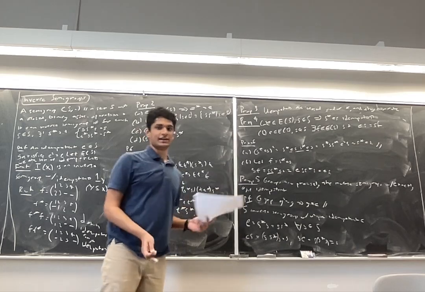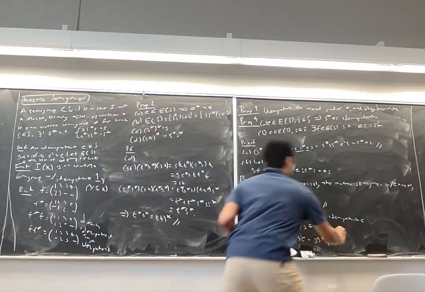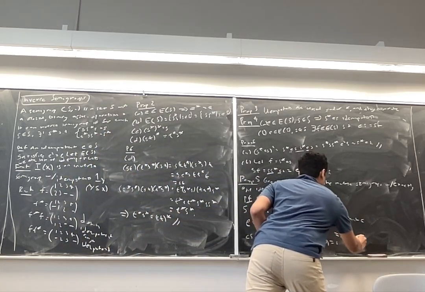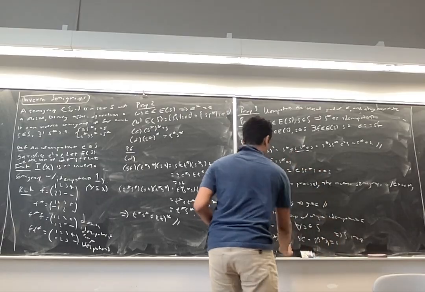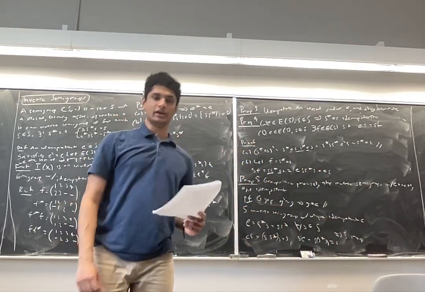So in the group theoretic sense, this is a group, so S is a group. Okay, so that completes this part of inverse semigroups.